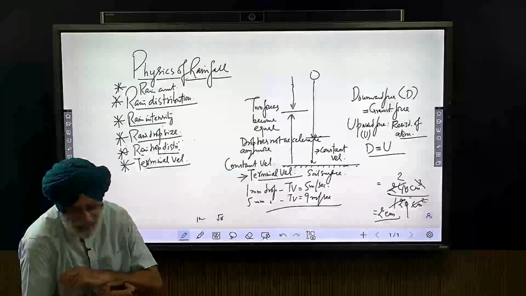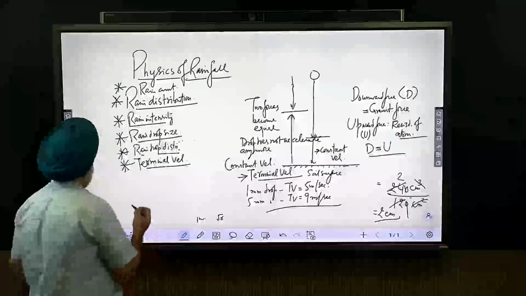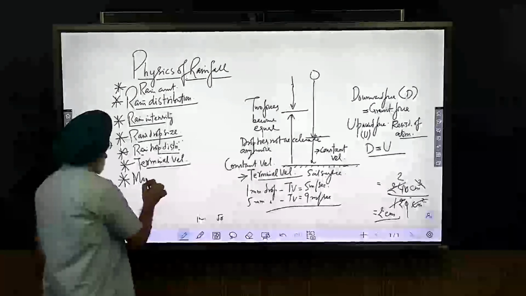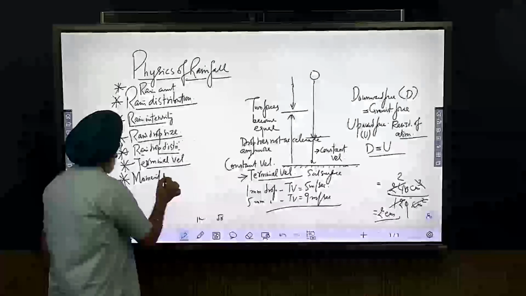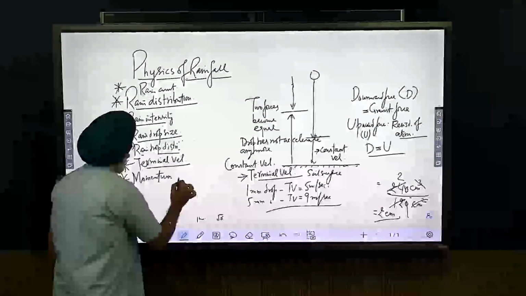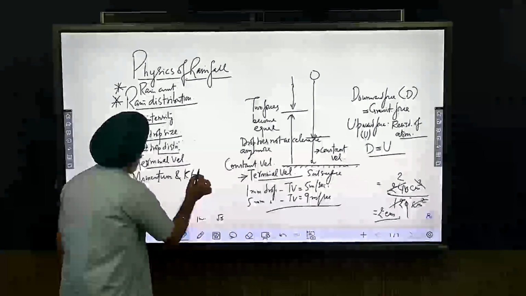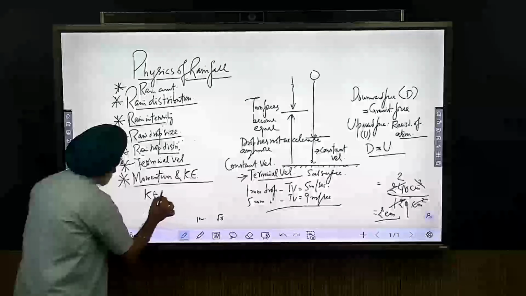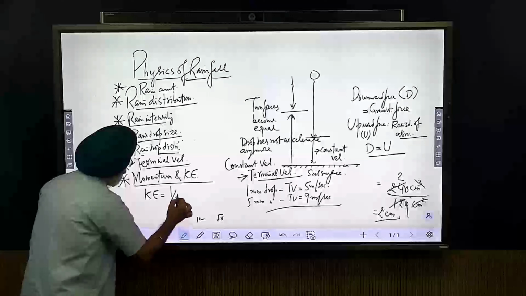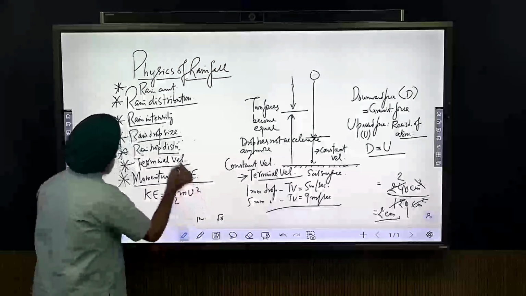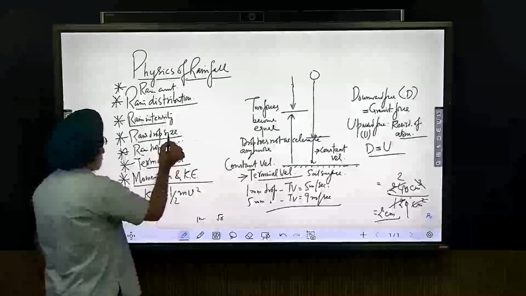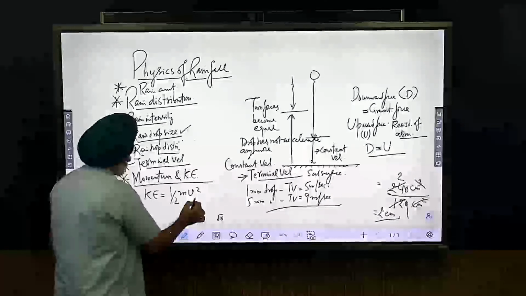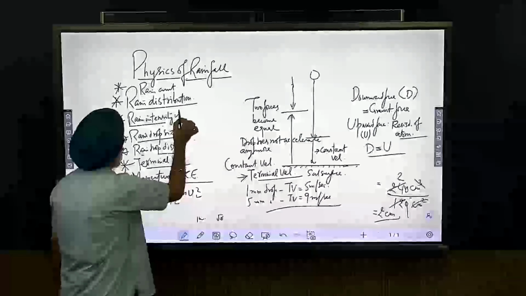And then the last parameter is momentum and kinetic energy. Kinetic energy, as I have already told you, is a combination of the mass of the raindrop and its velocity, because the bigger the size, the bigger the mass, and velocity means intensity.